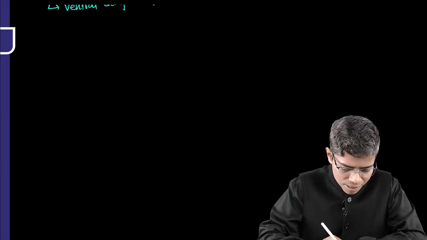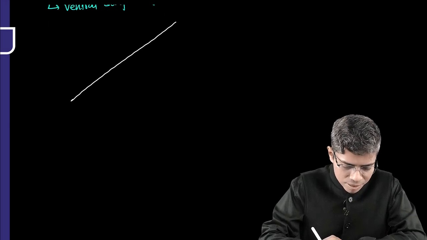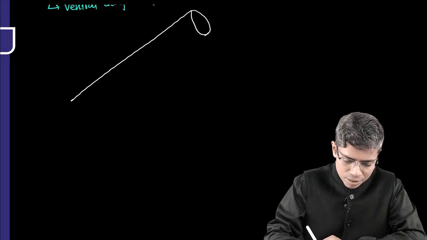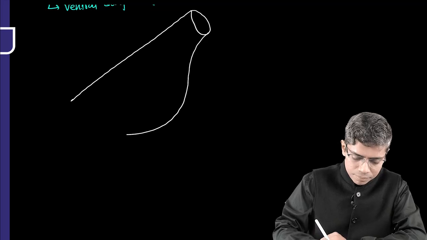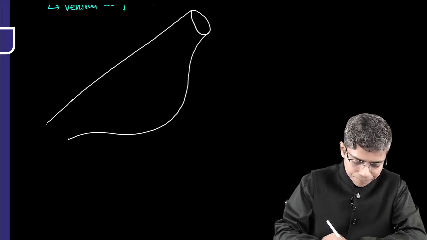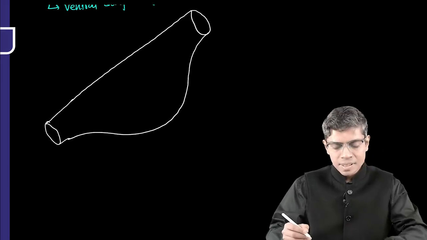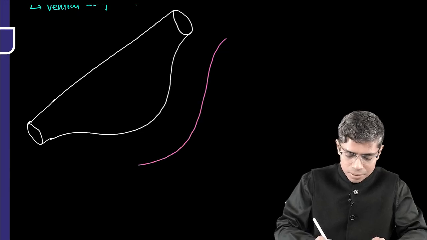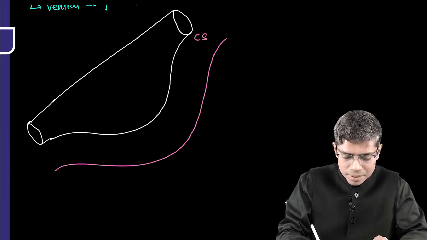So we are trying to discuss this central chemoreceptor with the help of this diagram, right? Suppose this is the cross section of the medulla, surrounded by cerebrospinal fluid. So this is the CSF region.